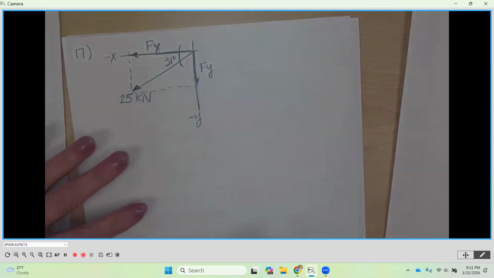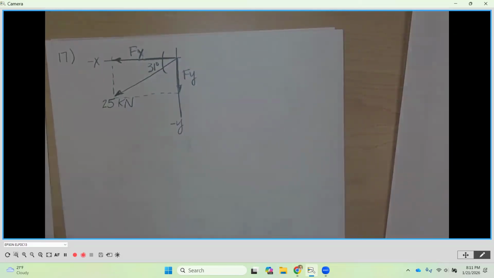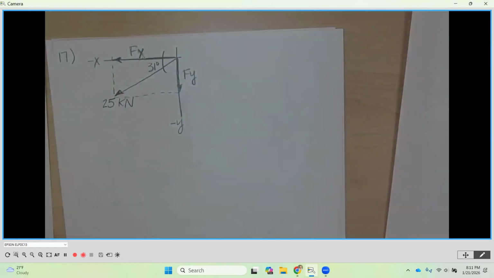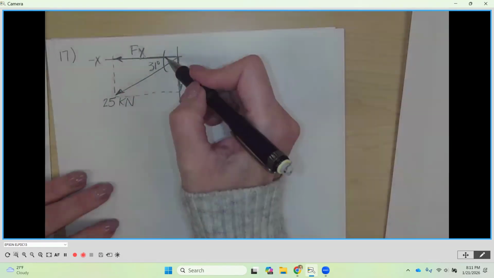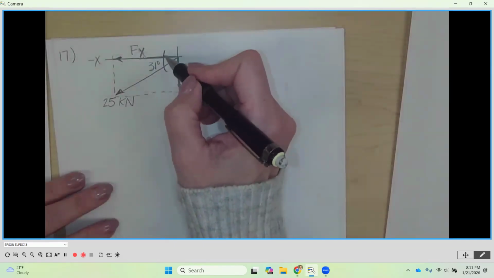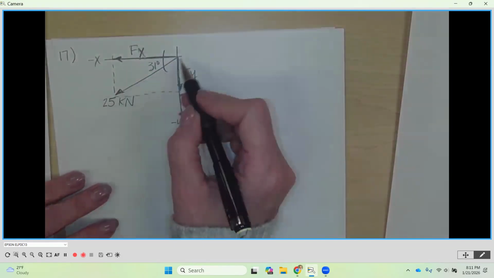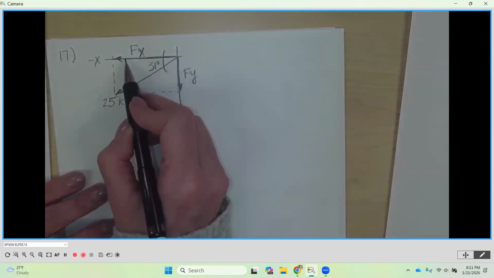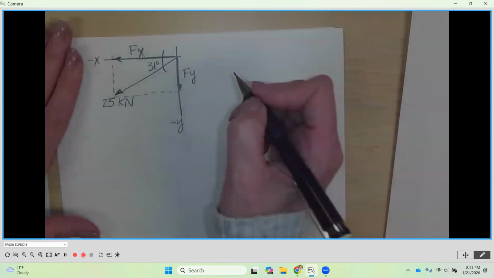All right. So now we want to solve for each one of our variables. Which one do we want to start with, or each component? Which one do we want to start with, the x or the y? Yeah, let's start with the X. I like that idea. So if we look at our 31 degrees, okay, and we have a hypotenuse, the side adjacent is Fx, right? So which function?